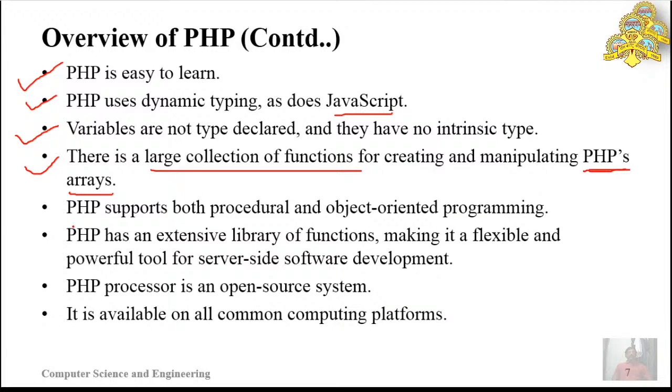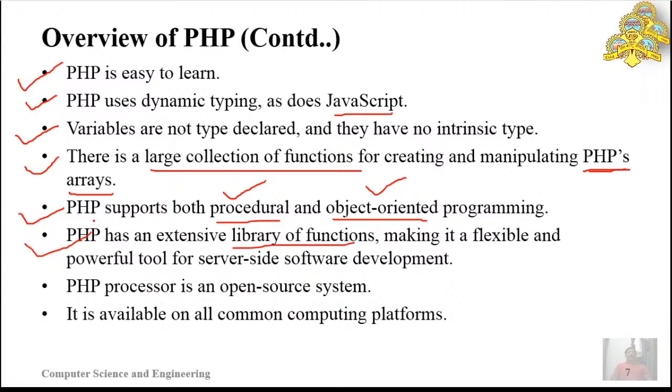An advantage here is that PHP supports both procedural and object oriented programming. You already studied the procedural programming style in the C language and the object oriented programming style in Java. PHP has an extensive library of functions, making it a flexible and powerful tool for server-side software development.